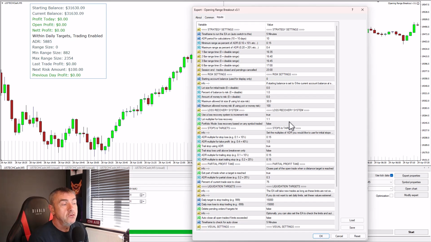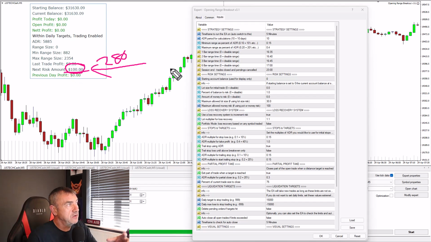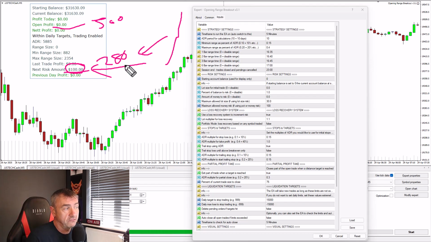It is optional. You can turn it on and off as well. So if you see suddenly that the next lot size is too big and too risky, so for example, if this had jumped up to 280 and suddenly you had an open trade on something which had open profit of $500, you might want that not to actually take a trade at 280, because this one is looking like it's going to get all the loss back. But there's a pending order that could be going in at that size.